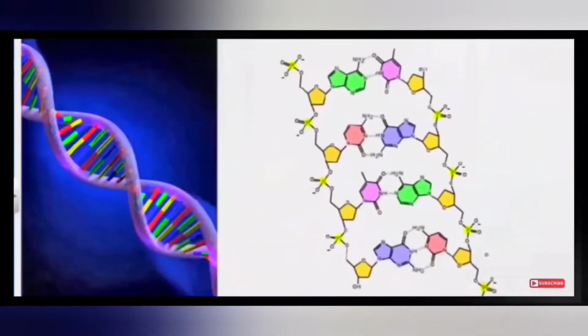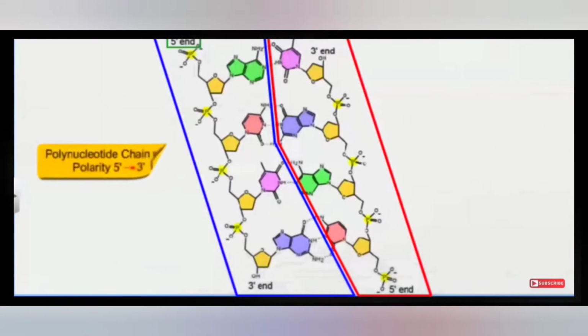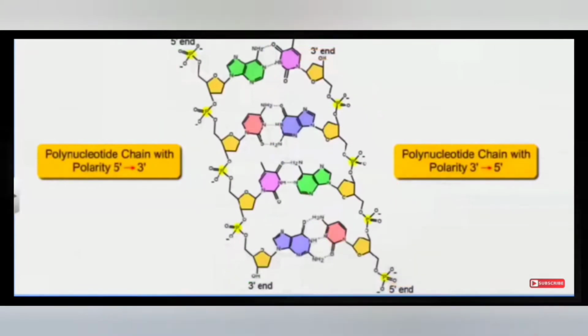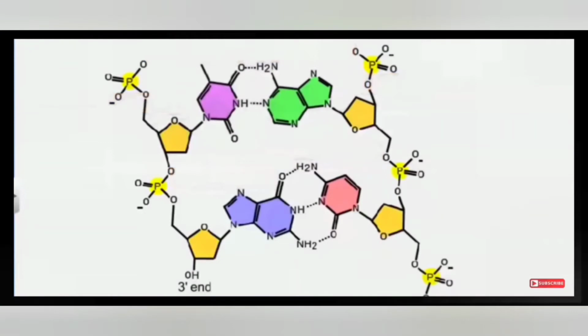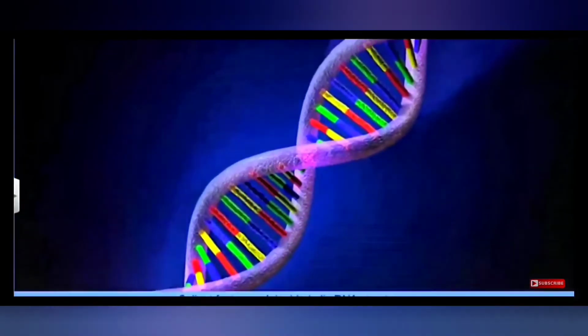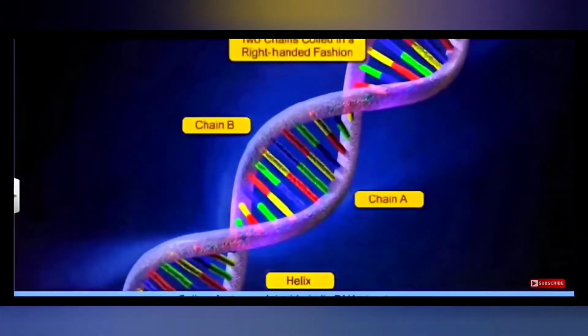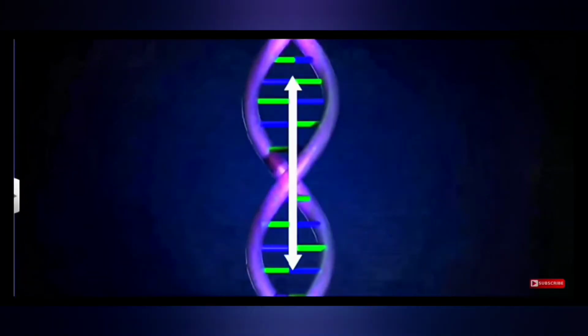If we go into the details of the structure, we know that the backbone is made up of alternate deoxyribose and phosphate groups, and these two chains show polarity and they are anti-parallel, and they are attached to the nitrogen bases, which are purines and pyrimidines, and purine is always paired with pyrimidine. As a result, there is a stable structure.